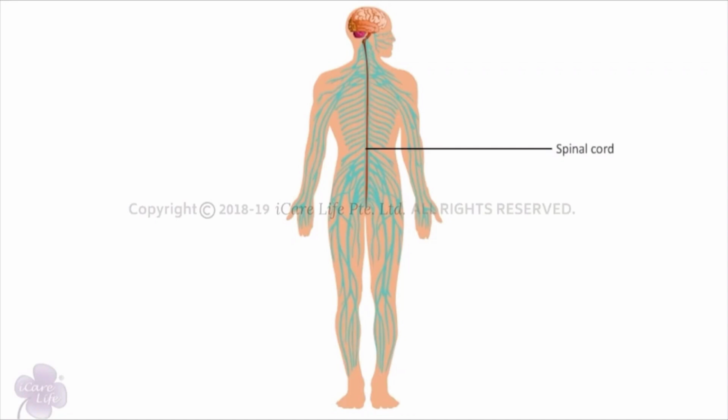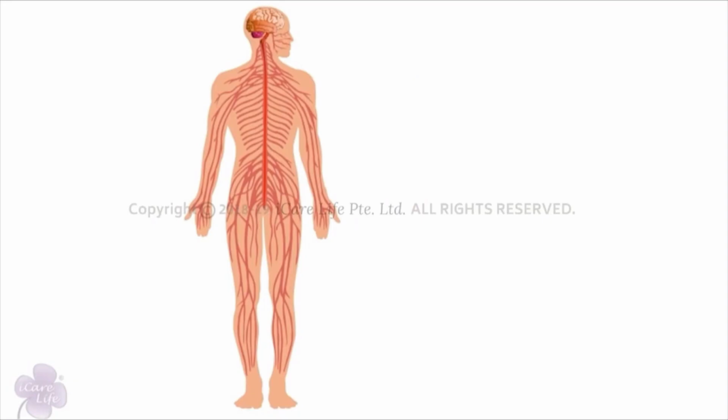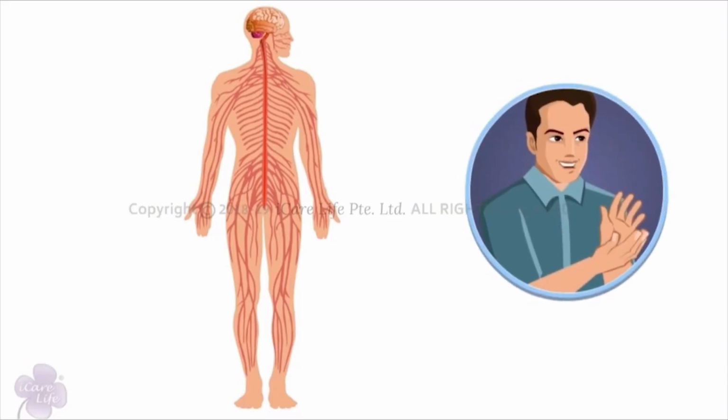Let us now look at the peripheral nervous system, which consists of the nerves. This system can further be divided into somatic and autonomic nervous system. The nerves in the somatic nervous system control our conscious actions, such as clapping.